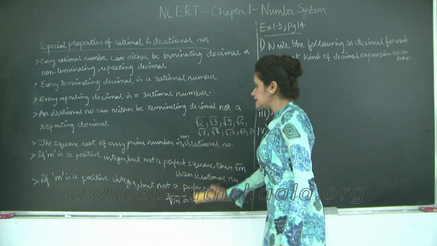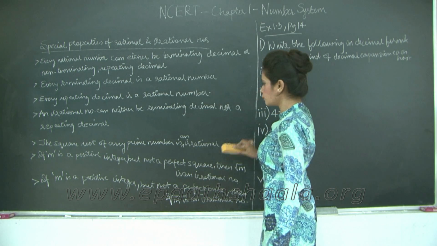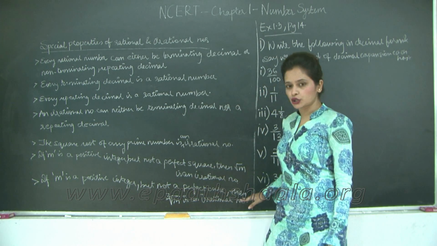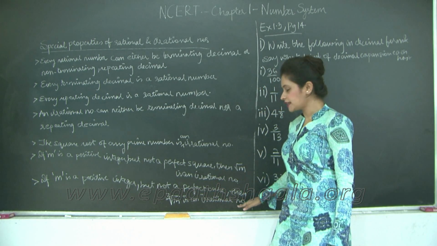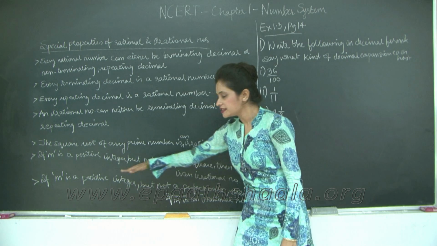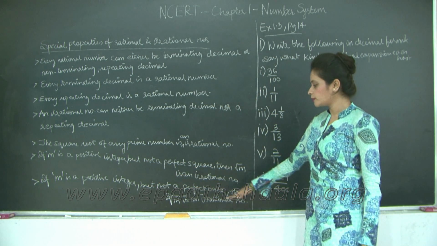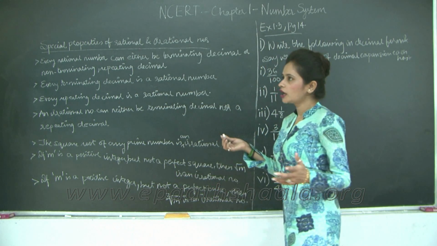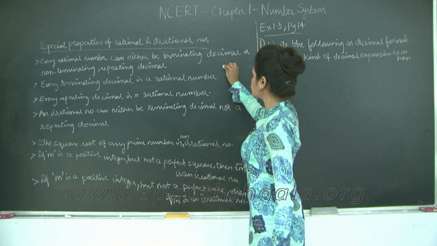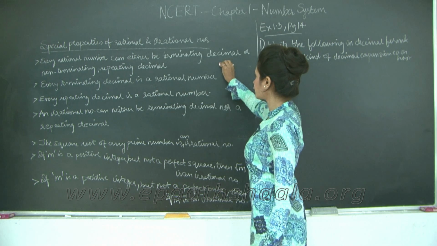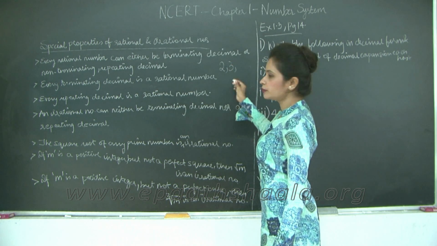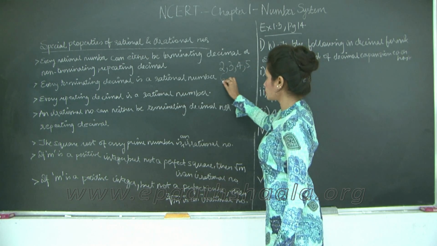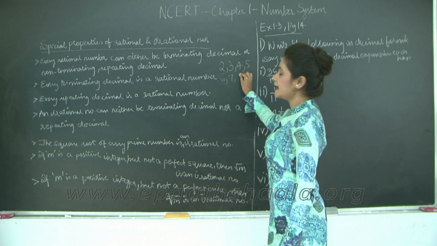Got the idea? Similarly, for cube roots, if you have a positive integer which is not a perfect cube, then the cube root of m is an irrational number. Let me give you an example. 2 is not a perfect cube, 3 is not a perfect cube, 4, 5, 6 and 7 are not perfect cubes, 8 is a perfect cube.